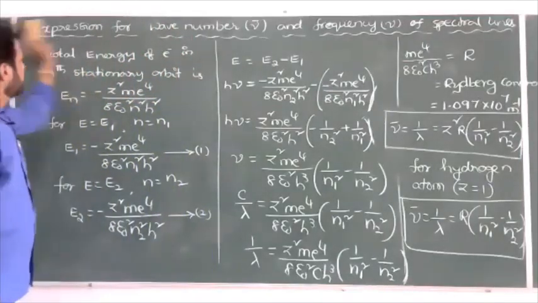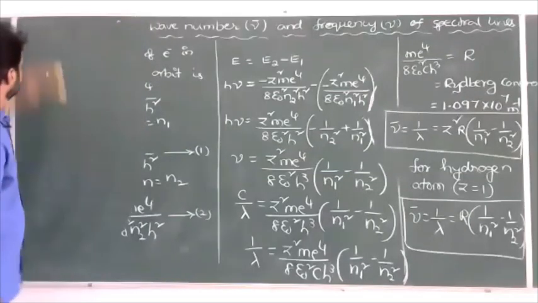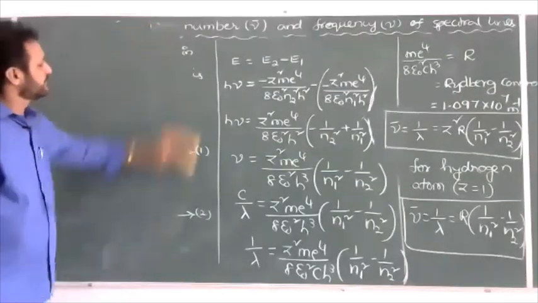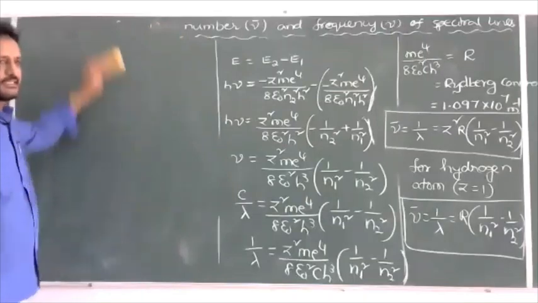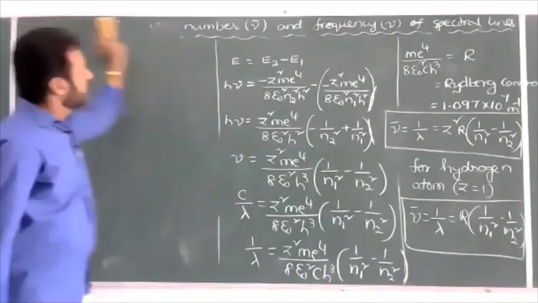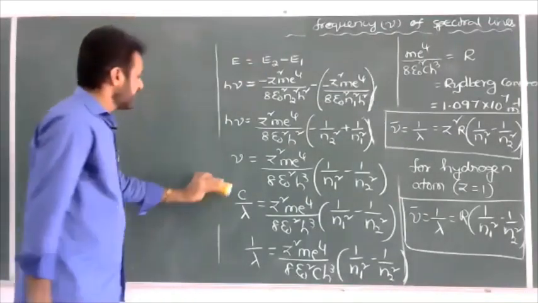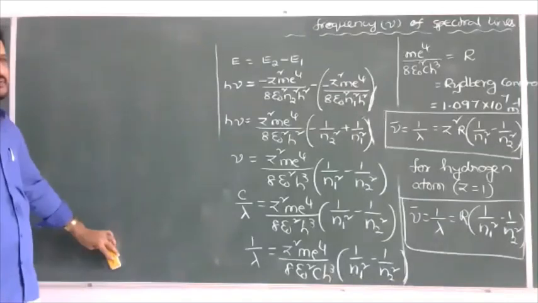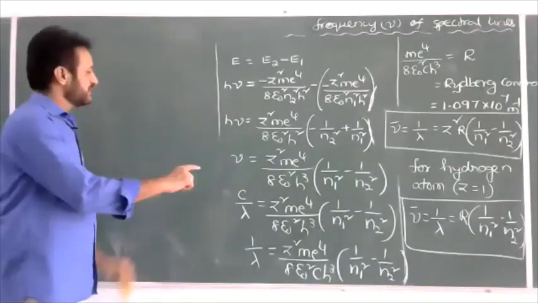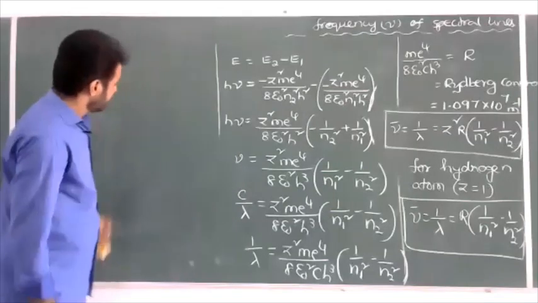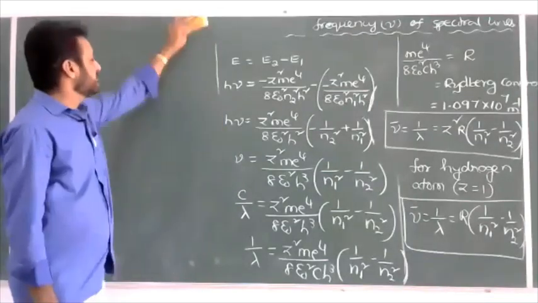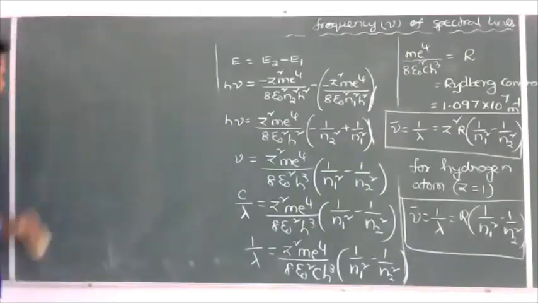It is one of the important formulas. This expression is important for 5 marks in the final exam. And in this chapter, numericals are also very important based on this formula. Problems we can solve by using this formula. In a PU exam as well as in competitive exams also, this formula is very useful for solving numericals.